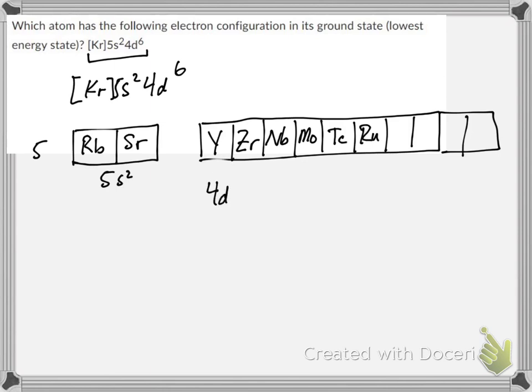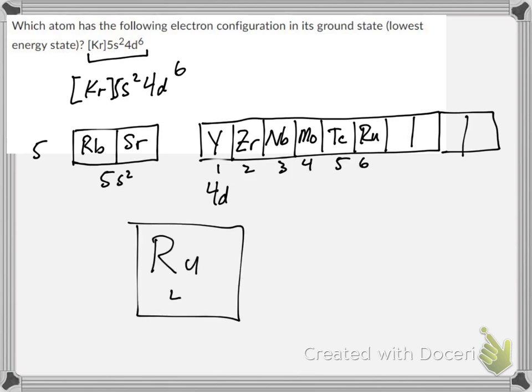So 4d1 yttrium, 4d2 zirconium, niobium, molybdenum. And then when we get to 6, we hit ruthenium, and that's our answer. Ruthenium 44 has krypton core, 5s2, 4d6.